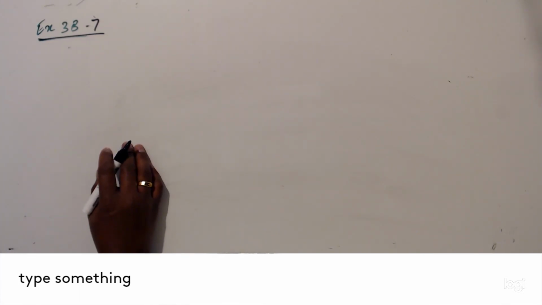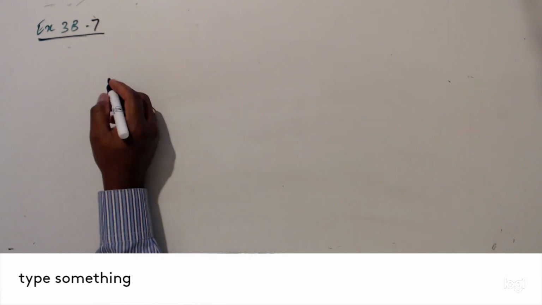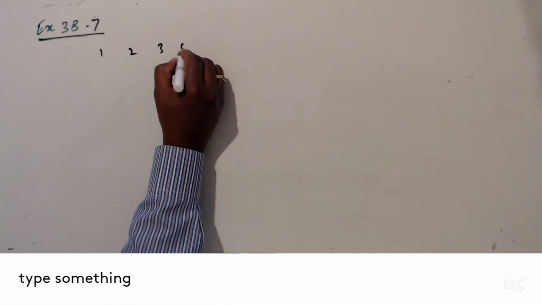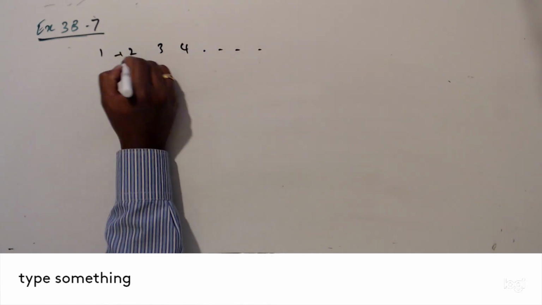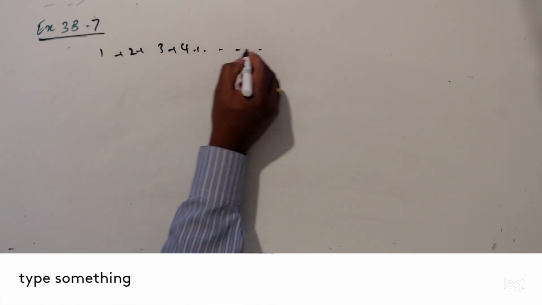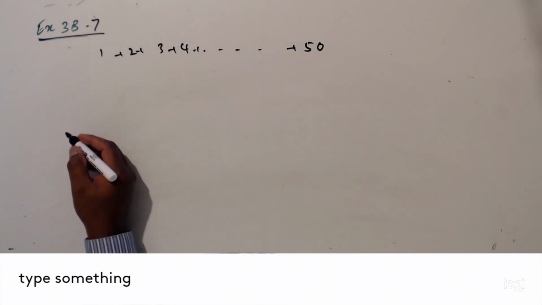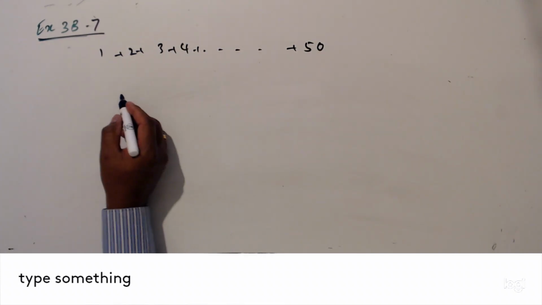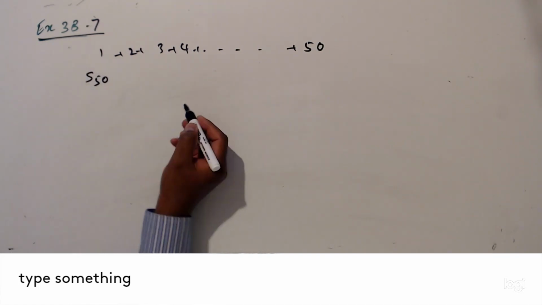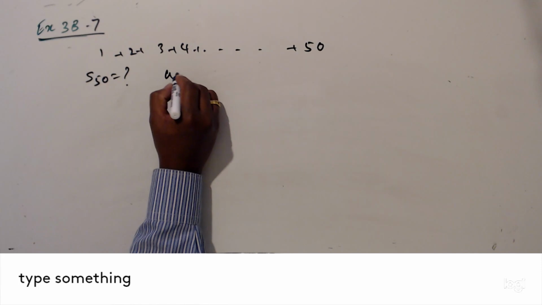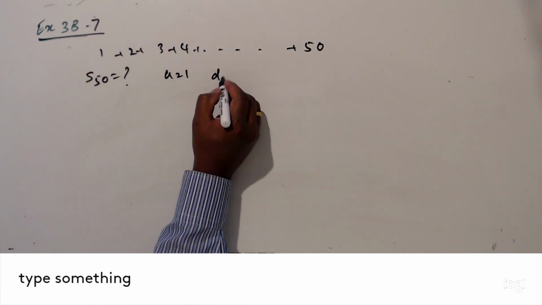Prove that the sum of 50 natural numbers is this number. 1, 2, 3, 4, likewise. The last one is 50. So we want to find simply S50. a is 1. Common difference is 1.